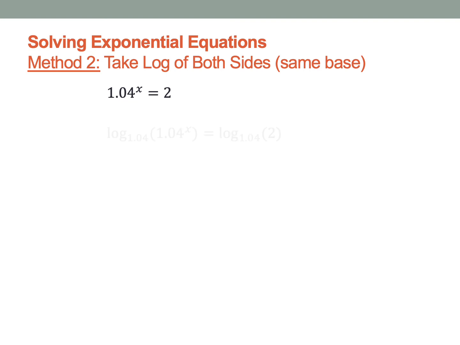So we take log base 1.04 of the left side and log base 1.04 of the right side. Log base 1.04 cancels with the base of 1.04, and you get just x on the left side. On the right side, you get log base 1.04 of 2.